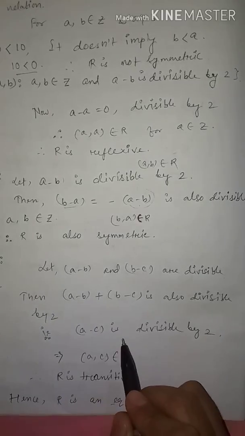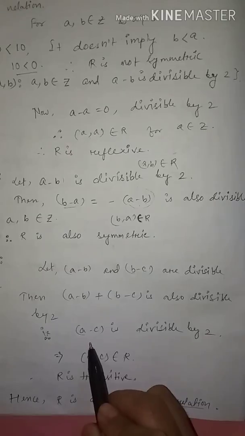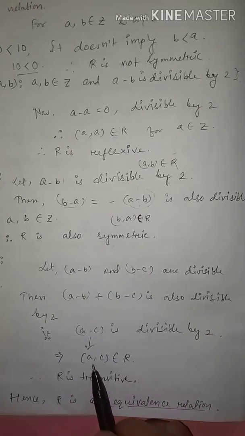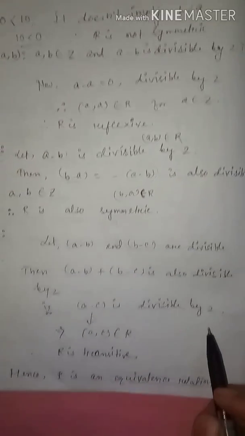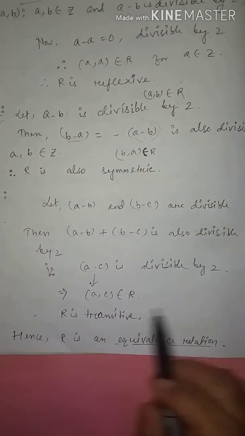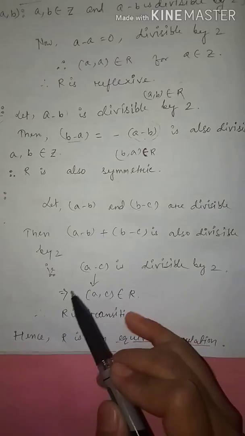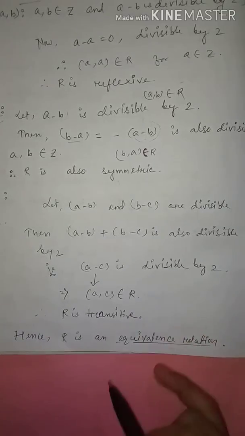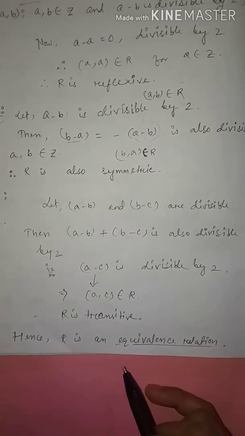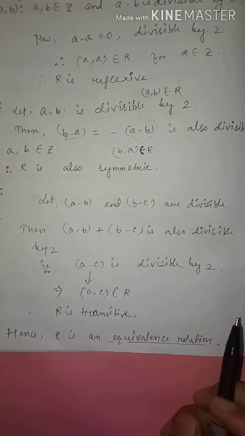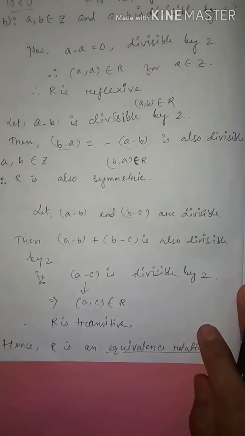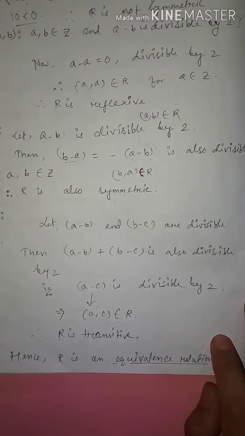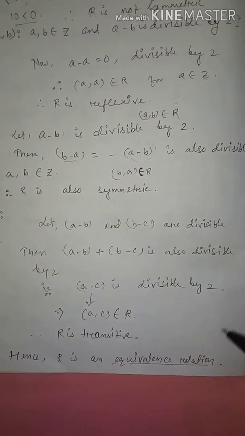Therefore A minus C is divisible by 2. And it also implies that element in the ordered pair AC belongs to R. Hence R is transitive. Since this relation R is reflexive, symmetric as well as transitive, therefore this relation is an example of equivalence relation. So I hope you are getting it well, right?